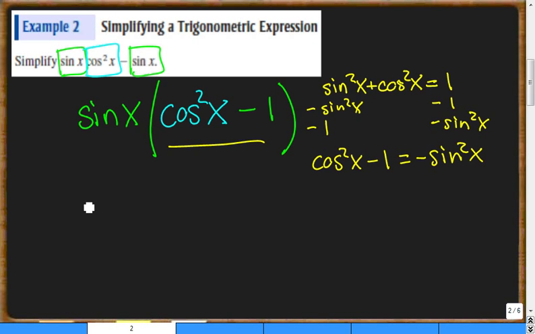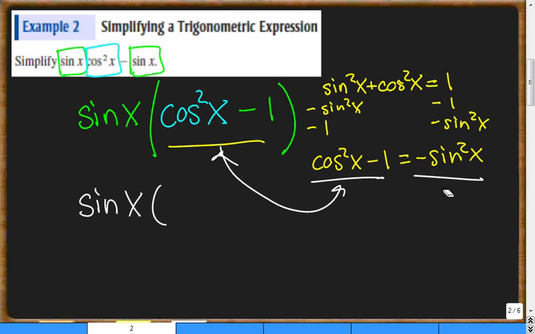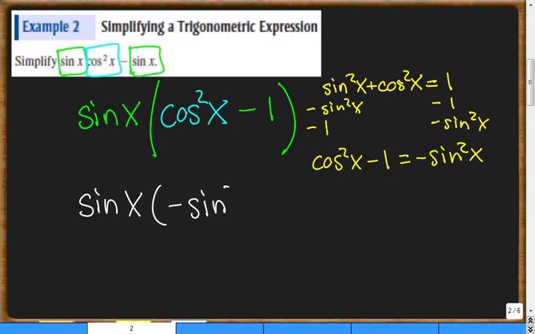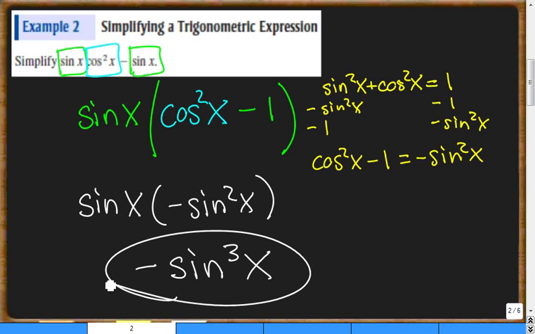So what I'm going to get here is the sine of x times, because I'm replacing these two things with my negative sine squared, this becomes negative sine squared of x, which if I simplify becomes negative sine cubed of x. So this is the simplest possible answer that I can come up with based off of what I originally started with.